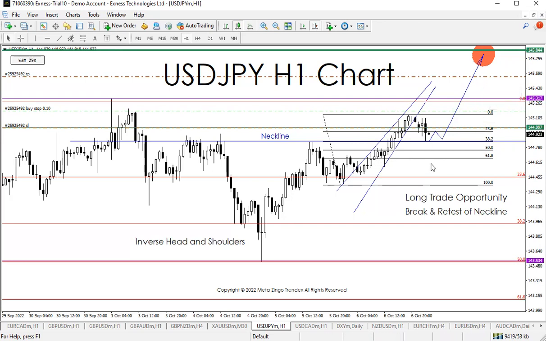So, guys, the other thing you need to know is that this is an intraday setup. So you have to be in front of your computer to monitor this trade and manage it. Now, once the trade is triggered, you have to be there to manage your trade. Once the trade has moved 25 pips into profit, remember to trail your stop.